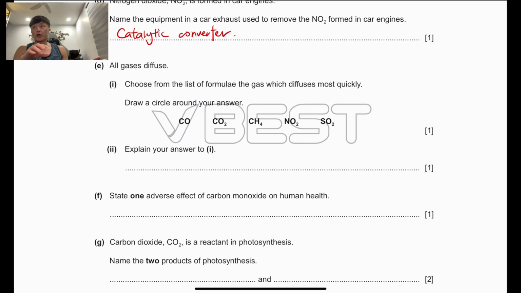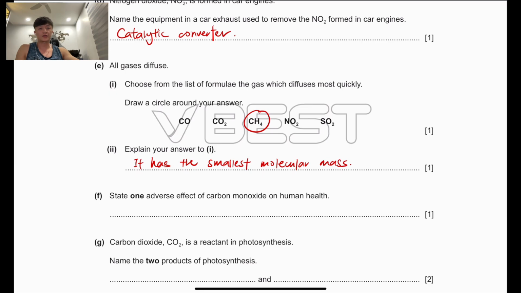So when you check the molecular mass, the one that is lightest would be CH4. Carbon is 12, hydrogen is 1, 4. Why? Because it has the smallest or lightest molecular mass. That's it.